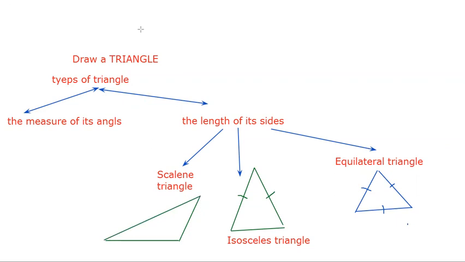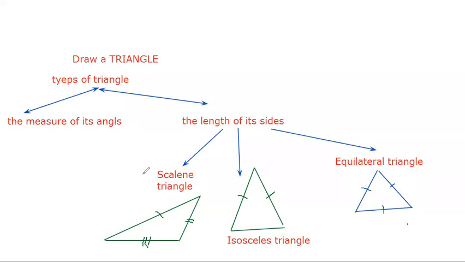Scalene triangle. Look, Gasser, I'm going to put a sign over the side like this. What does the sign which I put over the triangle mean? That they are different. Very good. So the scalene triangle is a triangle with all sides different.